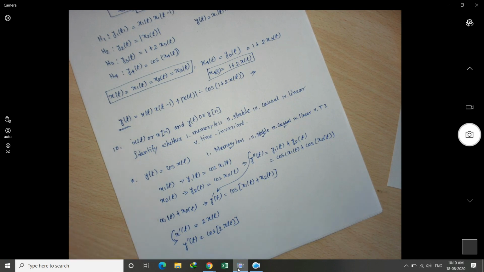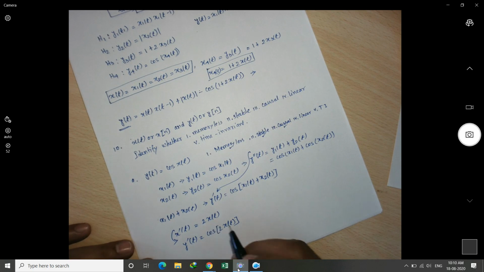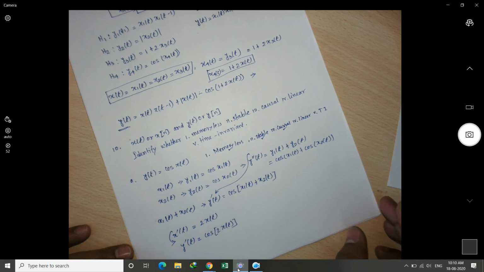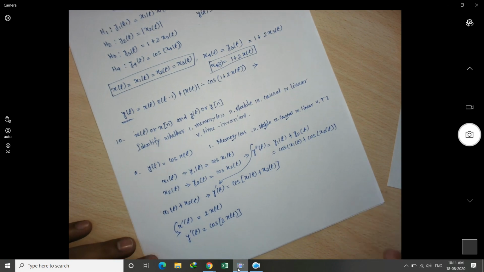Getting or not? We are introducing some factor at the input. So whether the output will have that same scaling factor? Say yes or no. So it is not at all a linear system. So these two conditions are not satisfied.